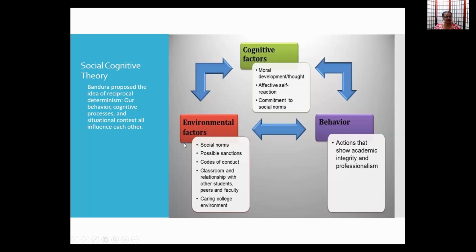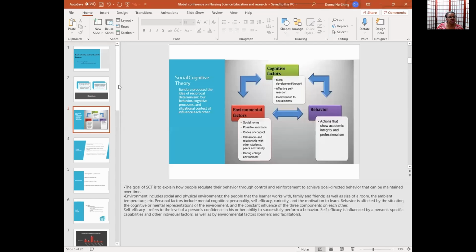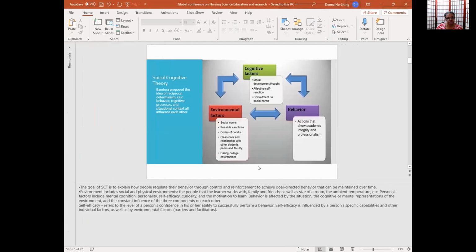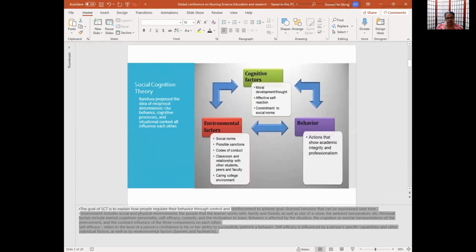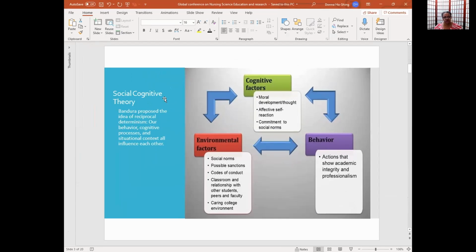So this study was really driven by the social cognitive theory. I'm going to do it this way so that I can talk about the social cognitive theory.